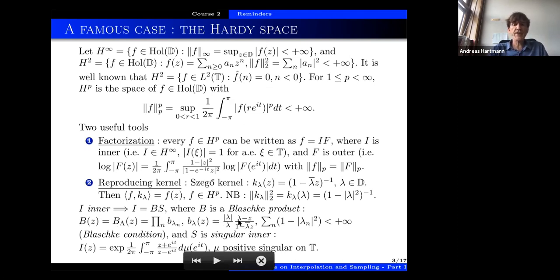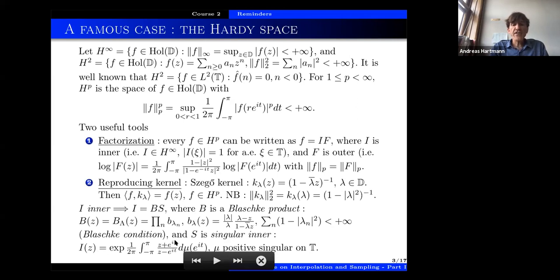And in order that this works, they have to satisfy this Blaschke condition. So the distances to the boundary have to be summable. And then these elementary Möbius factors, which you renormalize to make them positive at 0, are multipliable at infinity, so you get convergence of the corresponding Blaschke product.